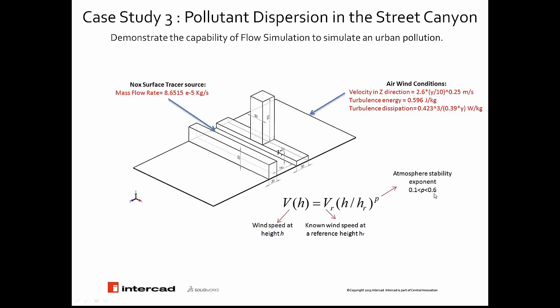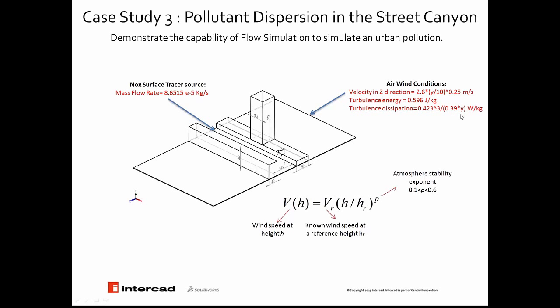That is an engineering approach. Therefore, we define this project to have a wind flowing over those buildings in a Z direction, varied with Y according to this formula. Turbulence energy of 0.59 joule per kilogram, and also turbulence dissipation to again be dependent on Y value.